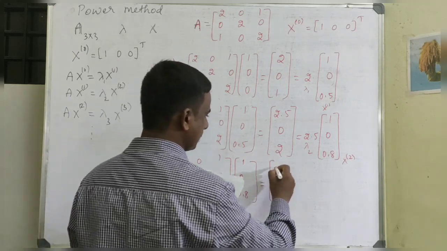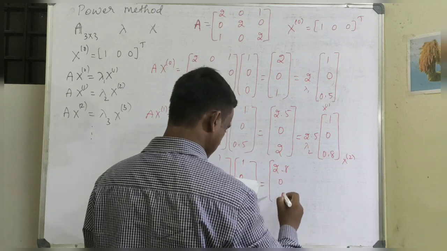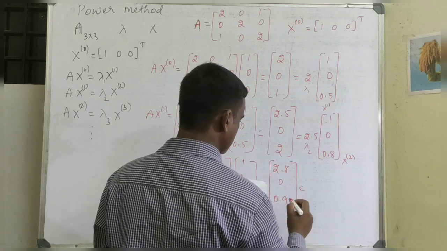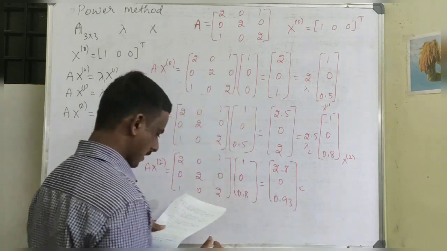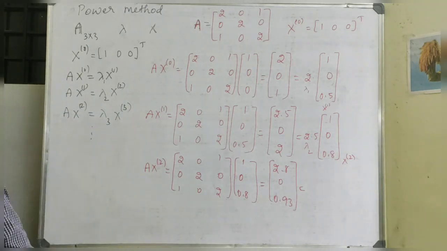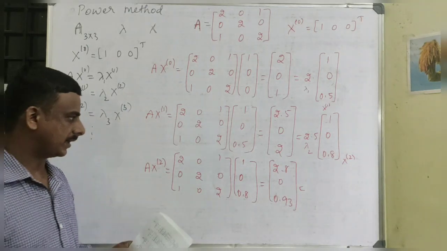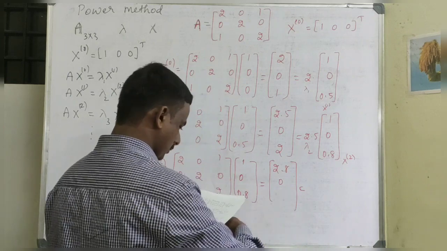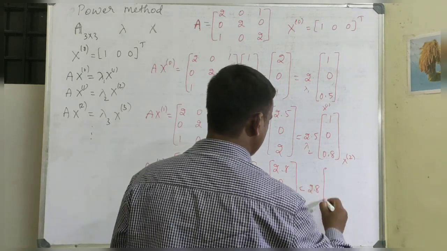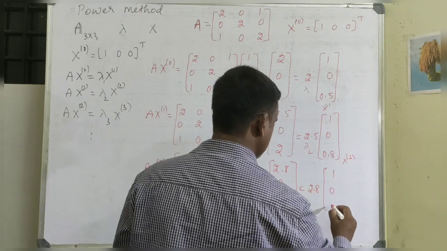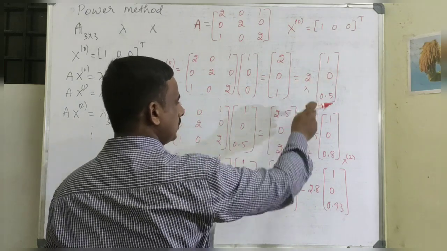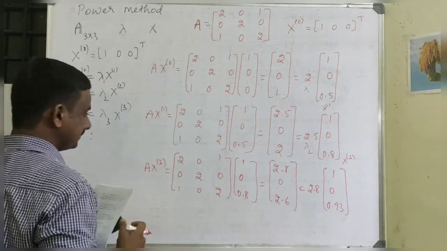So 2.8, 0, 2.6. Now taking 2.8 outside, it will be 1, 0, 0.93. So I got 2, 2.5, 2.8.